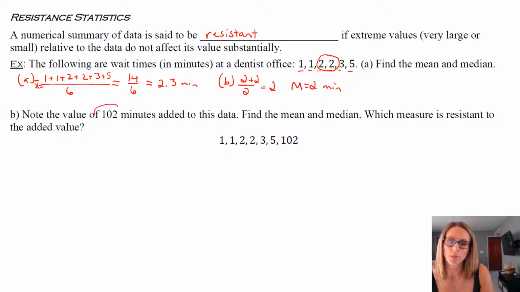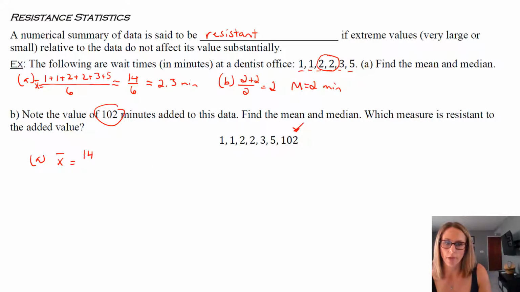Now, what if the dentist got into a ton of traffic and could not be there and somebody had to wait 102 minutes? So now we have this really huge outlier data value in our data set. Let's find the mean. Again, you can pause and find the mean and median if you want.